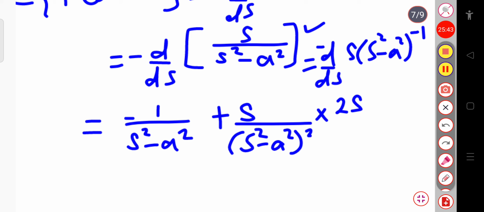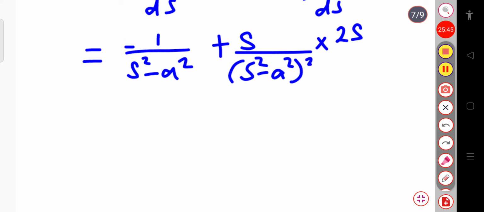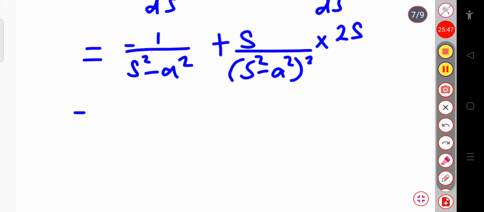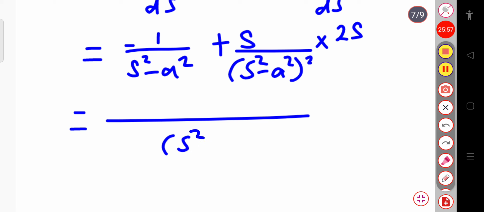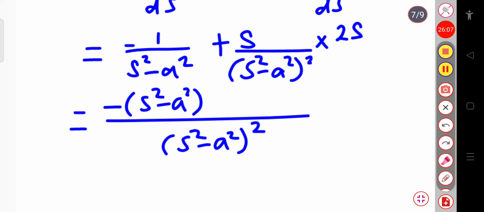Now this will be equal to minus 1 by, I am taking directly the LCM here, that is (s square minus a square) whole square. This will be minus (s square minus a square) plus 2s square.